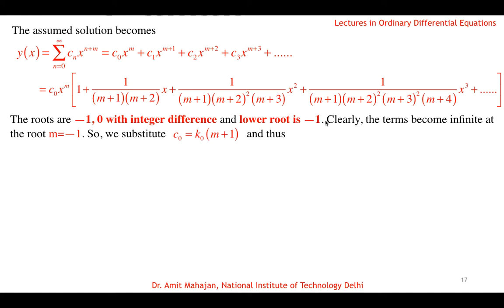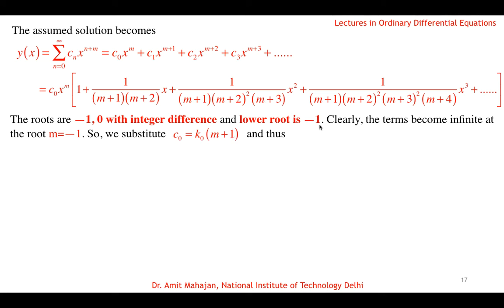You can check that at the lower root some of the terms become infinite. If you put it here, you see the denominator becomes 0. So what we do is substitute the constant c naught as k naught times m minus that root.